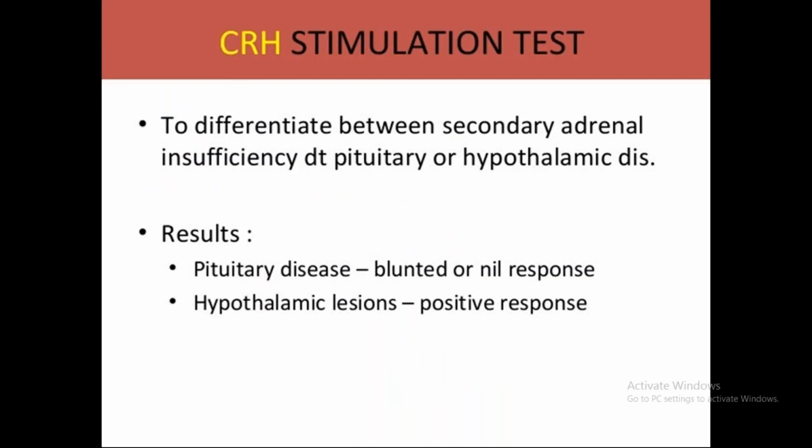So next, the last test is the corticotropic releasing hormone stimulation test. This mainly differentiates between secondary adrenal insufficiency, pituitary or hypothalamic, and differentiates the pituitary cause of Cushing syndrome from other causes.